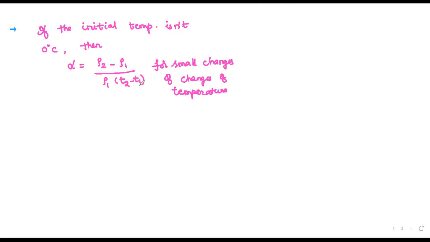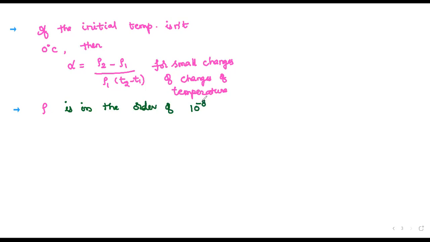Then again we ask, why are we not getting much difference in the resistivity values? And you are asking whether rho 2 minus rho 1 is small, sir? Yes, that's what I am saying. Why? Because if you see practically the resistivity of different materials, rho is in the order of 10 power minus 8.